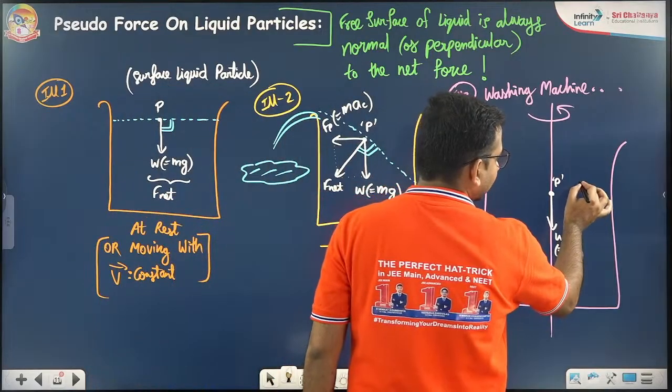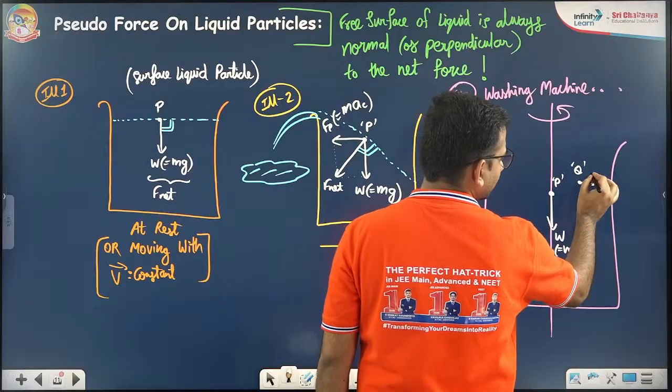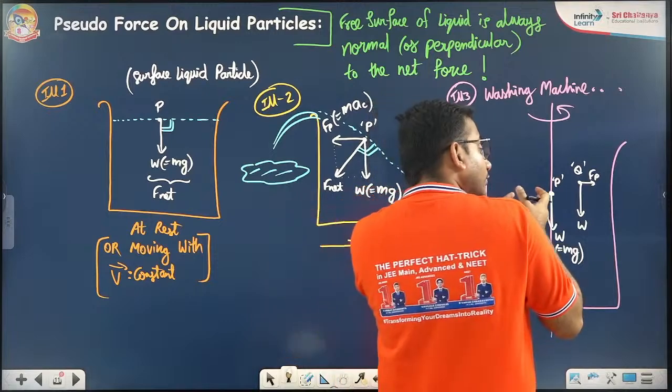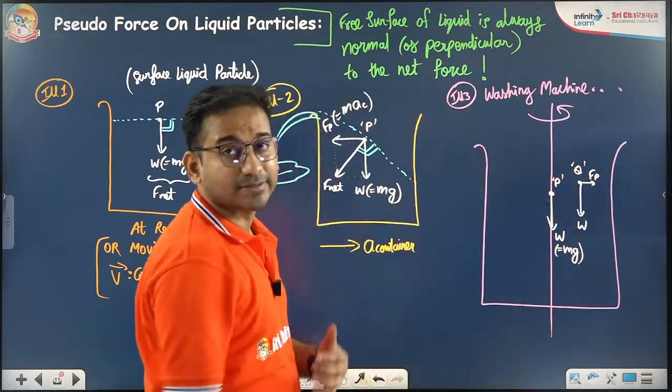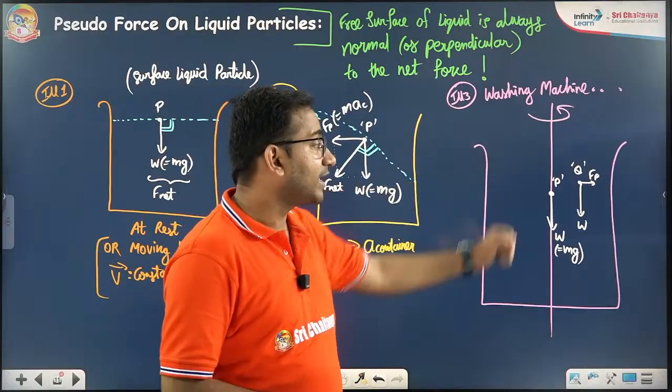But if you consider a particle Q over here, it will experience a small pseudo force, and W will be as it is. If you go radially outward, bigger is the radius, bigger is the centrifugal force, m omega square r.